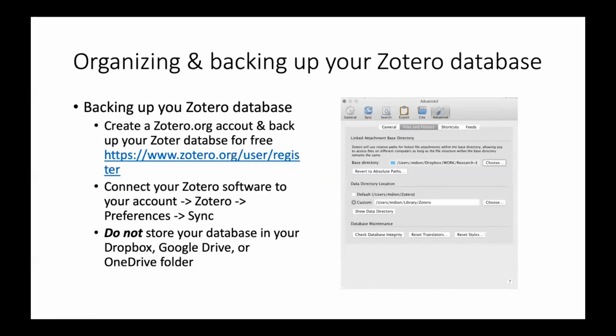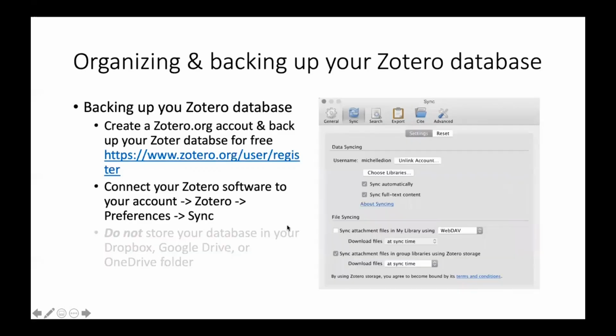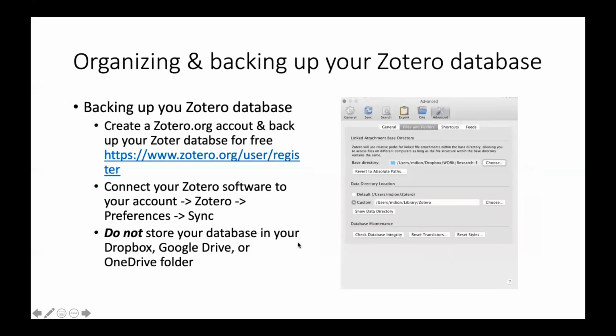And so even if you have all of your other work files in Dropbox or one of these services, you want this path here to be outside of that. And instead, you want to use Zotero itself as a way to back up the database to avoid issues with corruption. And again, you can back up your database for free to the Zotero website.